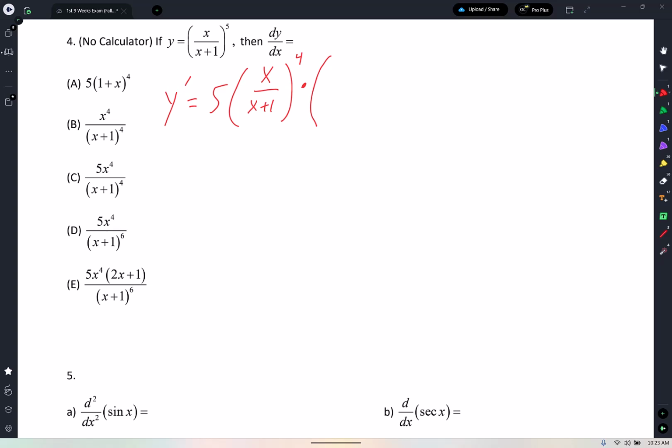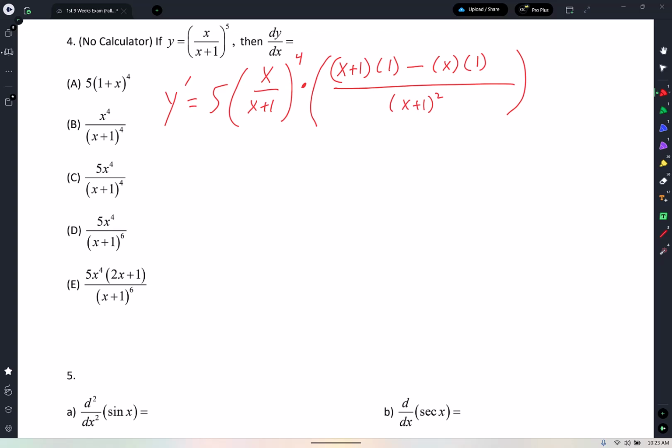So here it is. Bottom, x plus 1, times the derivative of the top. What's the derivative of x? 1. Minus top times the derivative of the bottom, which is just 1, all over bottom squared. You are done with calculus. The rest is just algebra.